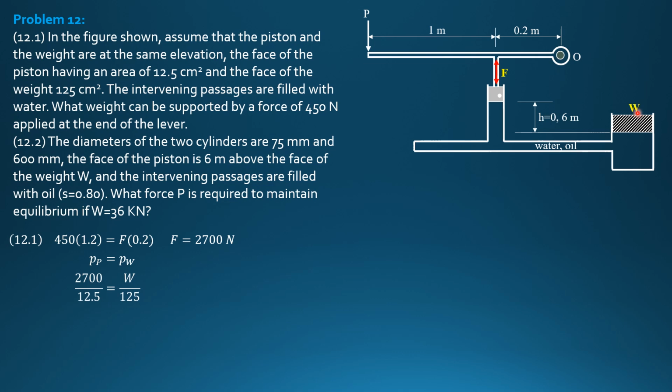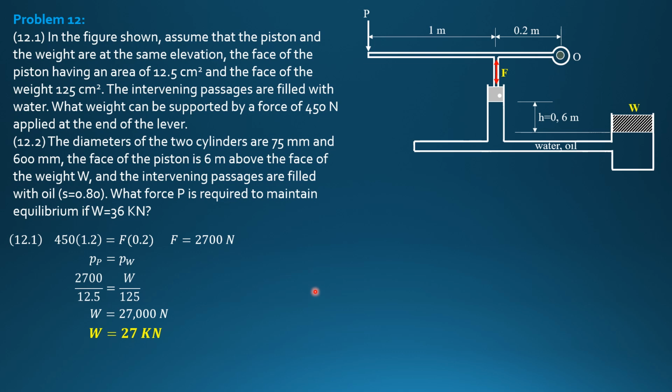Pressure is just force over area because the area is horizontal, so the pressure is constant. Weight therefore is 27,000 newtons, or 27 kilonewtons.